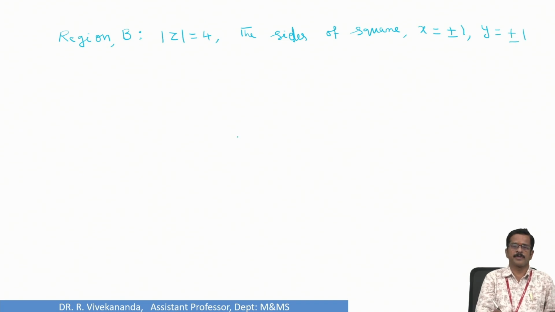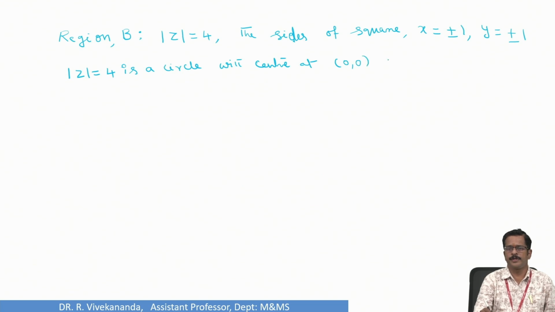Okay. The region means between, here mod z equals to 4 is a circle with the center at origin, of radius 4 units.